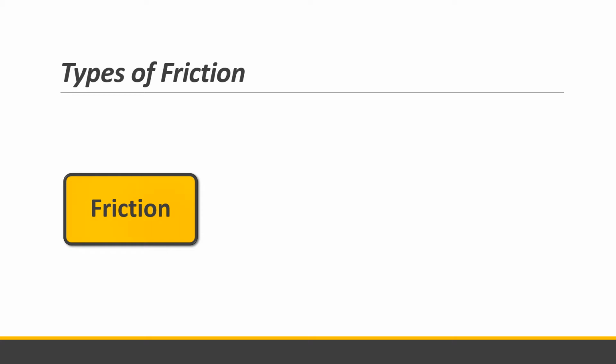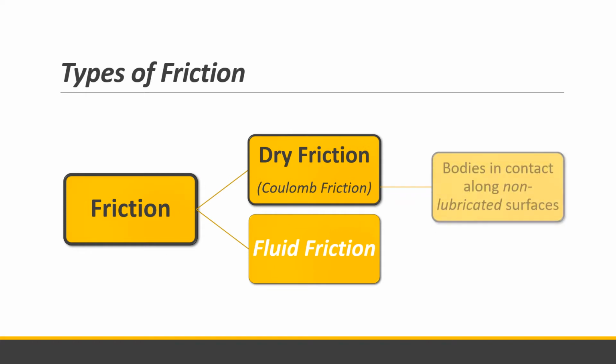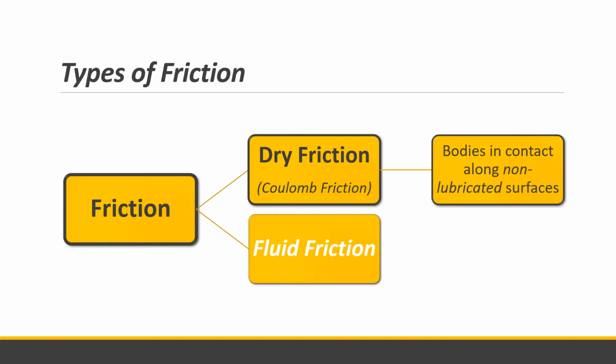Okay, so there are two types of friction. First is dry friction, sometimes called Coulomb friction, but the most common term for this type is dry friction, and the second is fluid friction. Dry friction is between bodies in contact along non-lubricated surfaces, meaning any surface without a fluid involved, like water. Water also creates friction, and that is fluid friction.